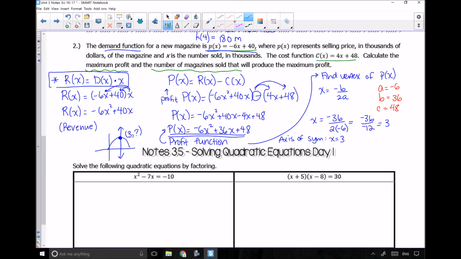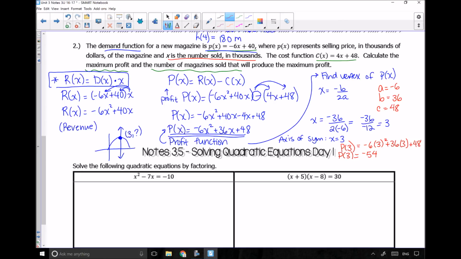To figure that out, I'm going to calculate P of 3, the profit when there are 3,000 magazines, because x stands for the number sold in thousands. So I'm going to do negative 6 times 3 squared plus 36 times 3 plus 48. 3 squared is 9, so negative 6 times 9 is negative 54.